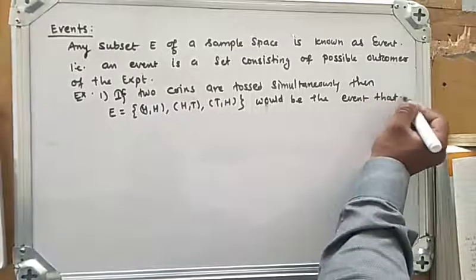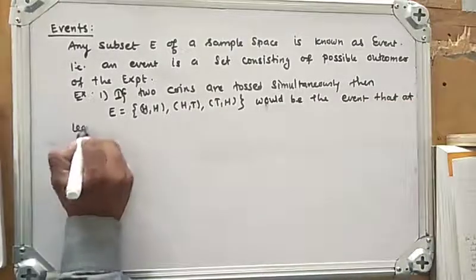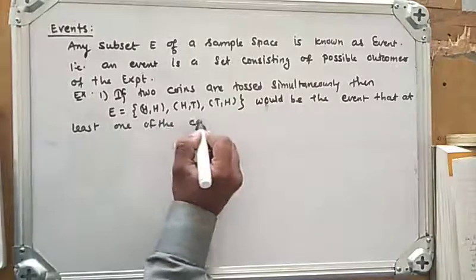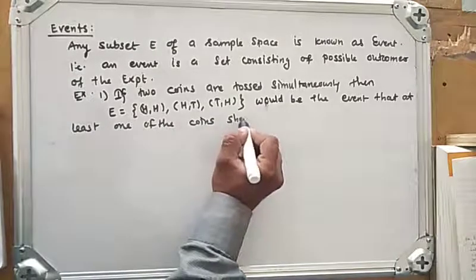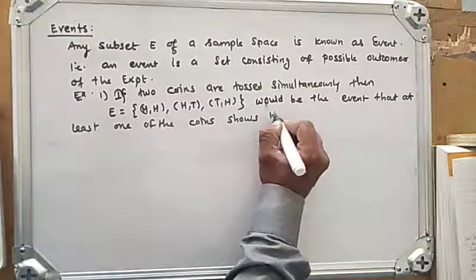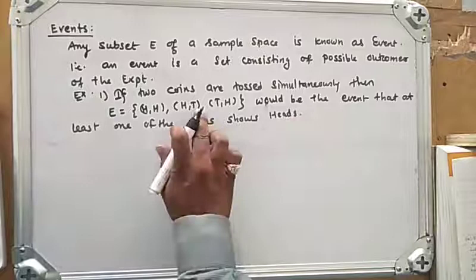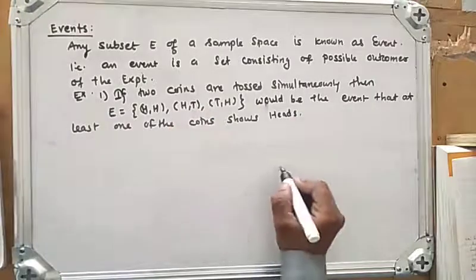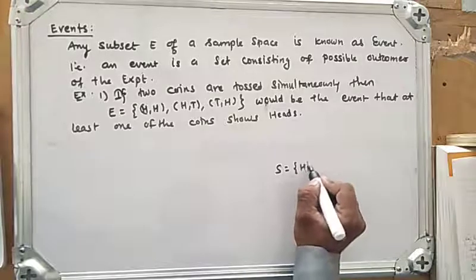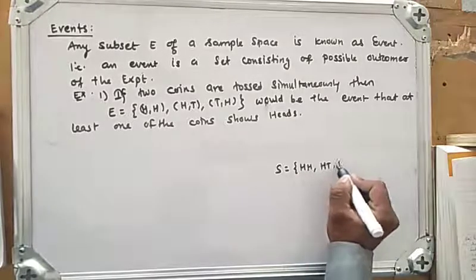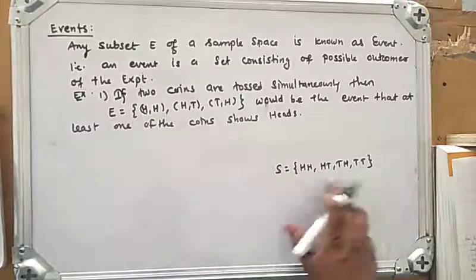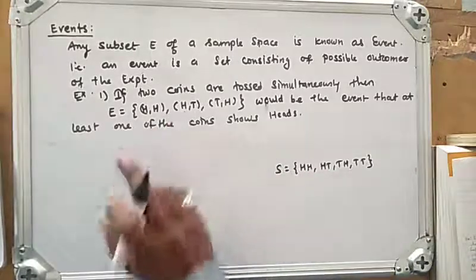So there exists a coin which shows heads. We have the sample space when we toss two coins, which is HH, HT, TH and TT. So E is a subset of this sample space, and therefore it is an event.